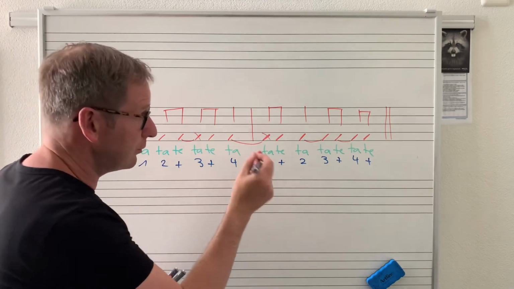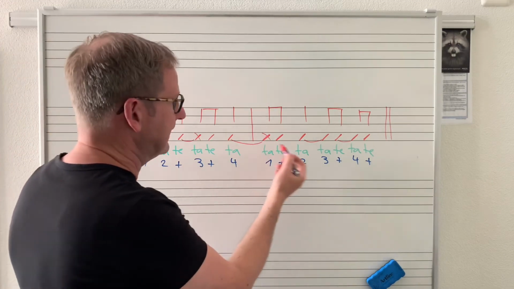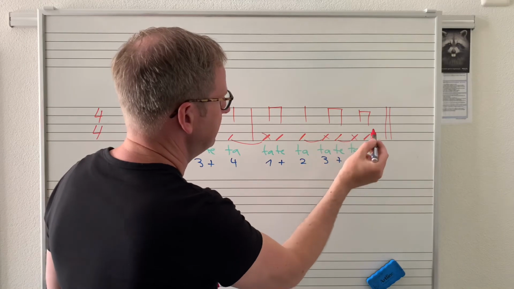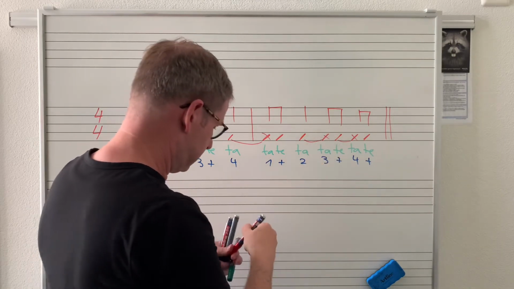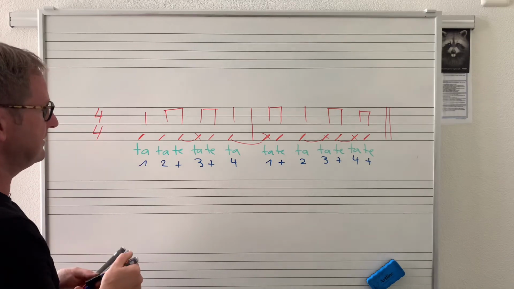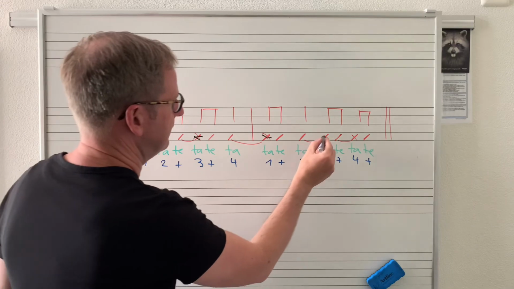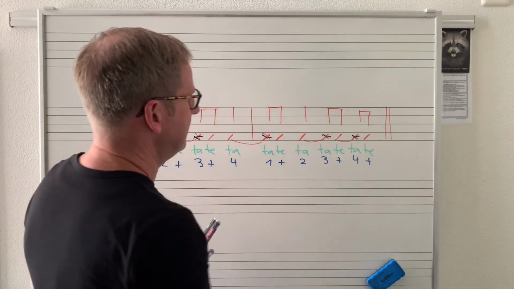Also this one you have to count, but you don't have to play it again. Also here and here. This one I will mark again with a little other color so you can see it better.